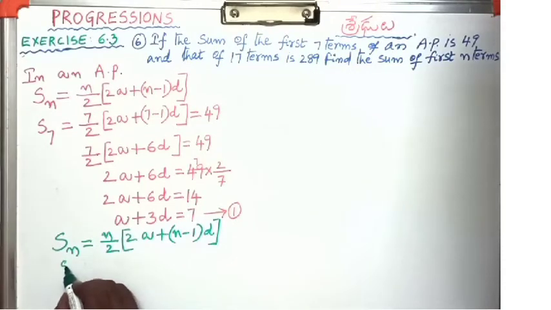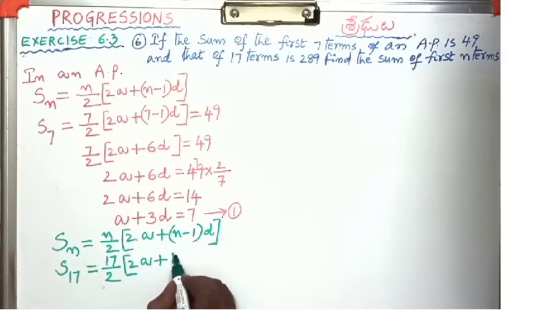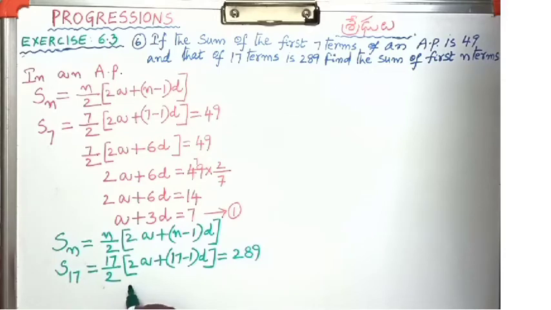Okay, so substitute 17 in place of n. 17 by 2 into 2a plus 17 minus 1 into d is equal to 289.